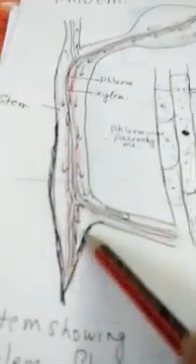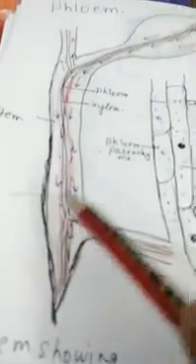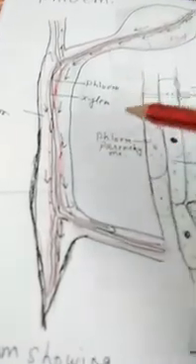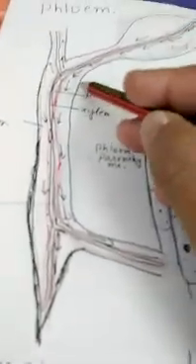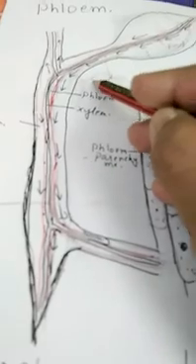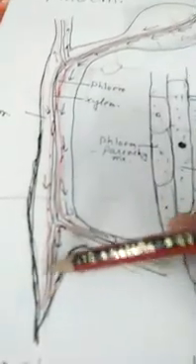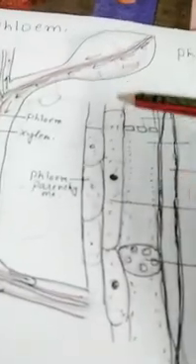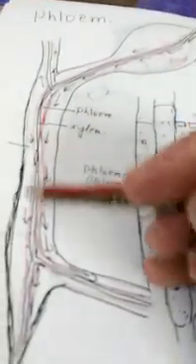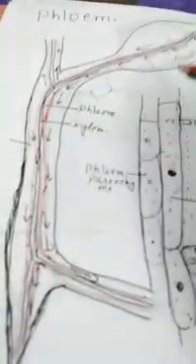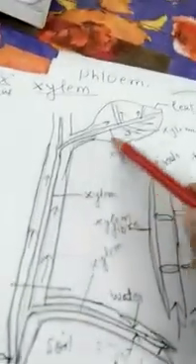Here it can be stored in the roots, and when the plant requires this food, suppose a bud is opening, a bud which needs food, the food will go from here to here. So it can move in the phloem in the downward direction as well as the upward direction. But in xylem, water moves only from the root in the upward direction to the leaves, and there is no downward direction.